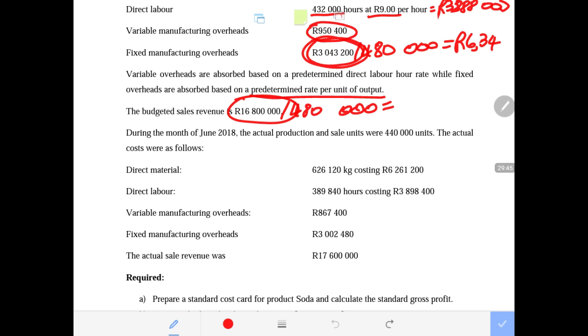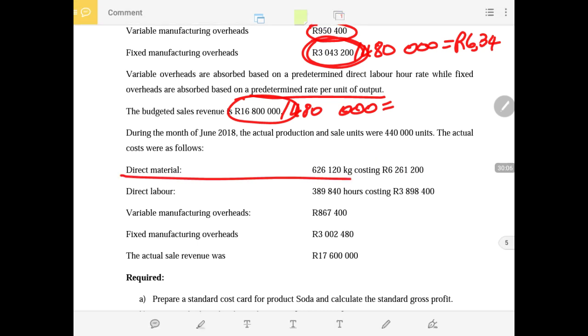Again, under the actual budget, there was no opening and no closing inventory of some sort, either the material or the finished goods. Then we have direct material, which is 662,120, and we are given already the total cost. Please be mindful of this.